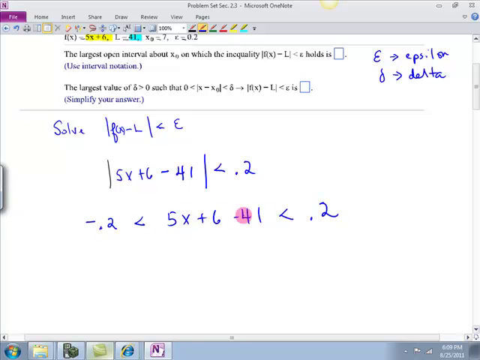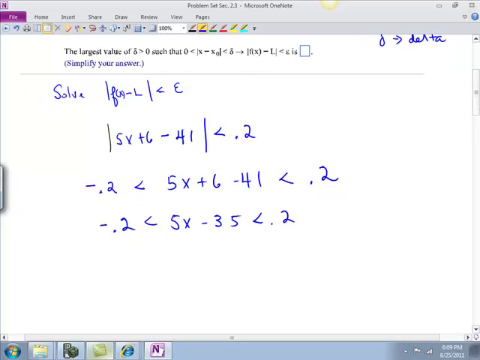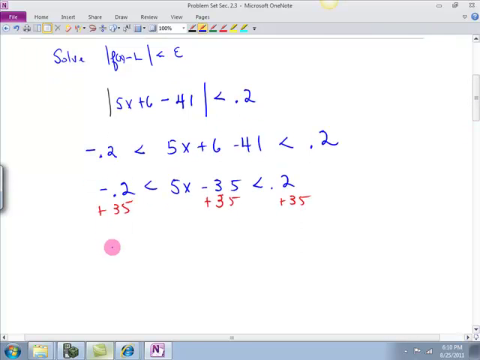Can I combine these two? So 5x minus 35 is between negative 0.2 and 0.2. All right, then what do you do to solve that? What do you do to solve an inequality? You do the same thing to all sides. So I'm going to do a plus 35, a plus 35, and a plus 35. What do we get on this end?